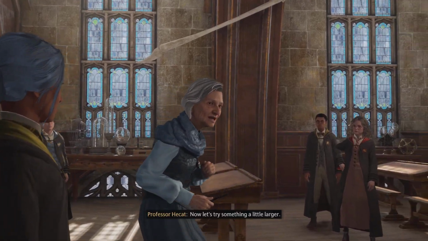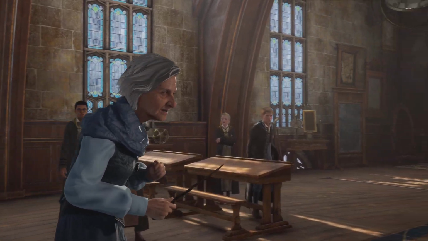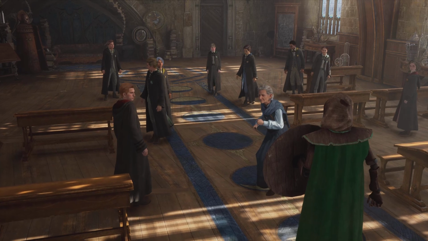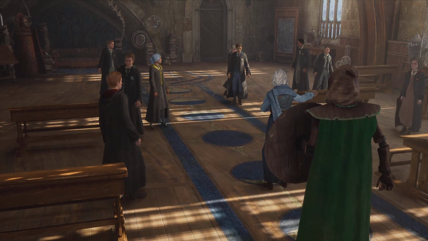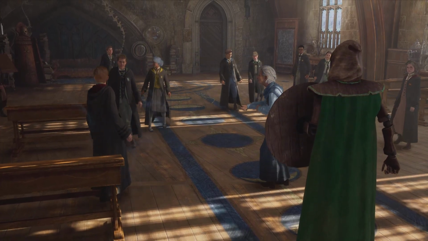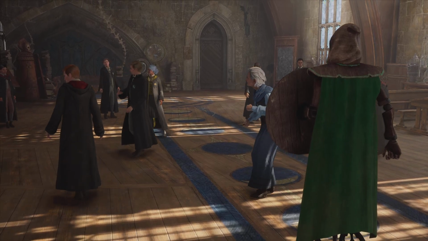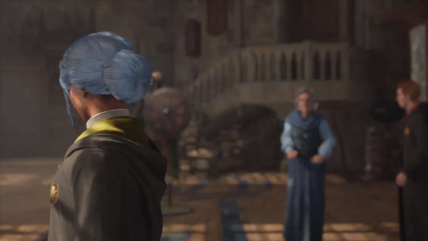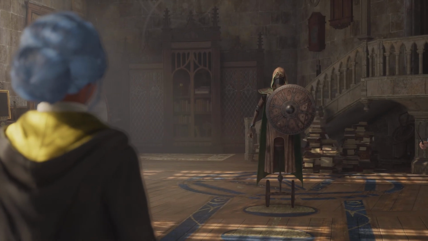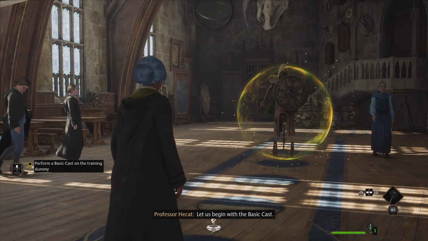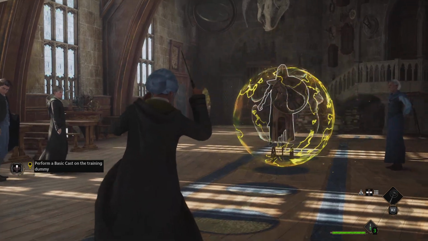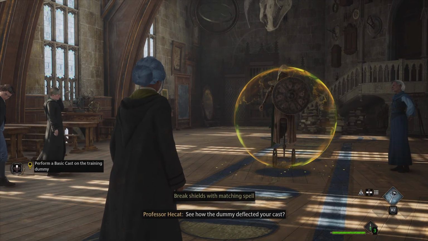Remember, all the students, let's try something a little larger. Let us begin with the basic cast. See how the dummy deflected your cast?